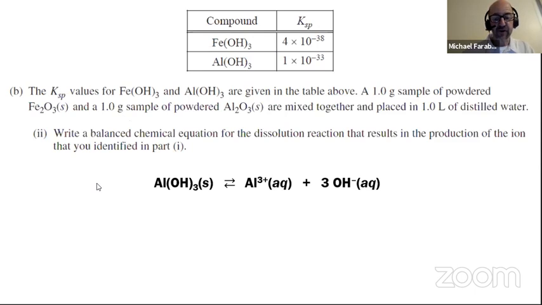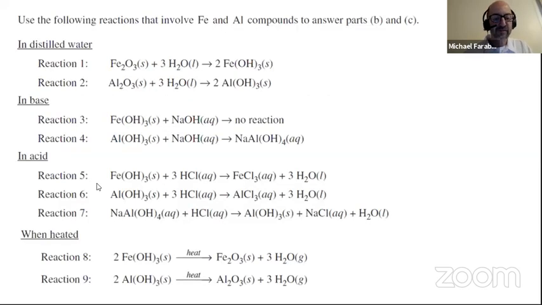In fact, there was another acceptable answer to this question. If we go back and take a look at all of those 9 reactions, it is possible that you could still get the production of aluminum hydroxide as aluminum oxide reacts with water to form aluminum hydroxide.